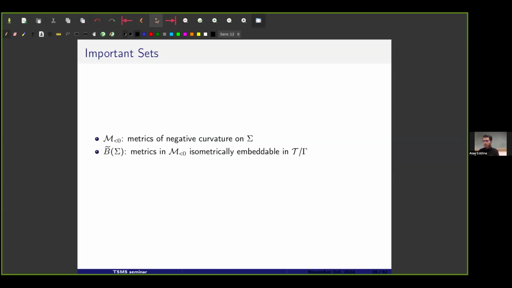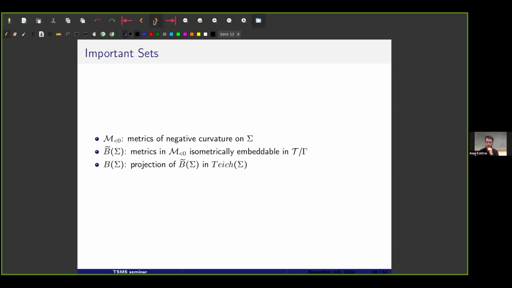B tilde of sigma, I will call it the set of negatively curved metrics that admit an isometric embedding in T mod gamma. And B of sigma is its projection into the Teichmüller space. So the idea is to prove that B of sigma is not the whole Teichmüller space.